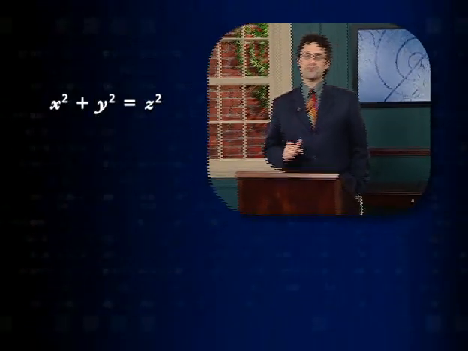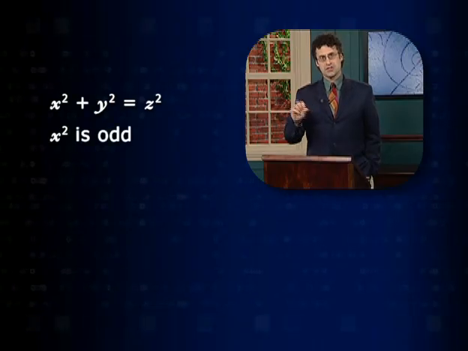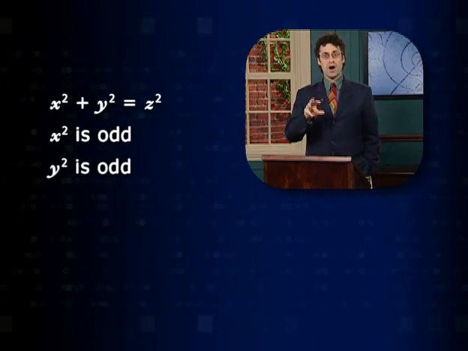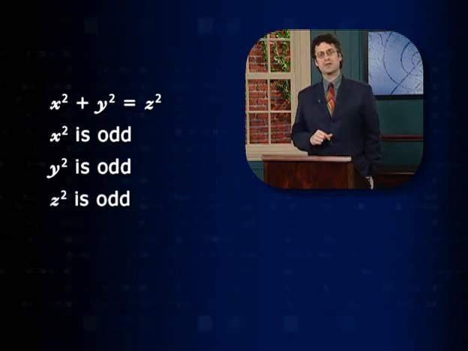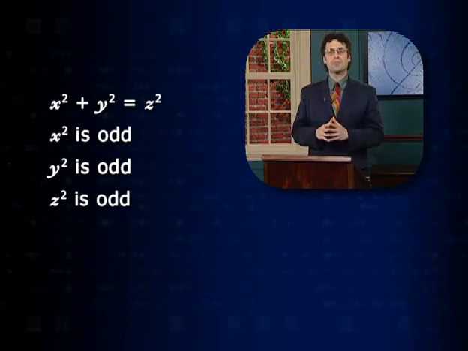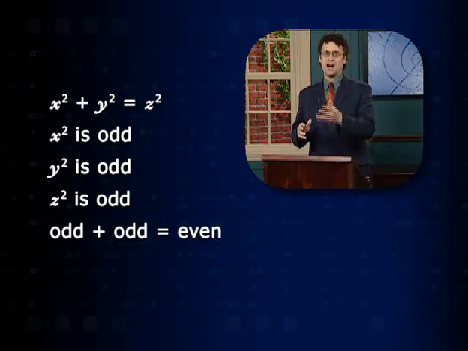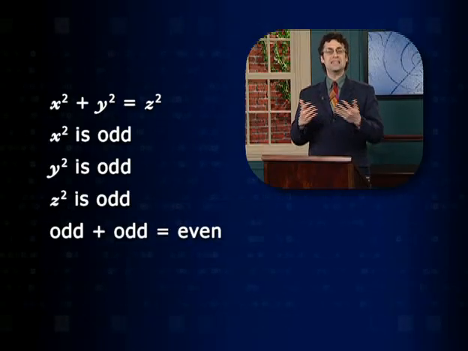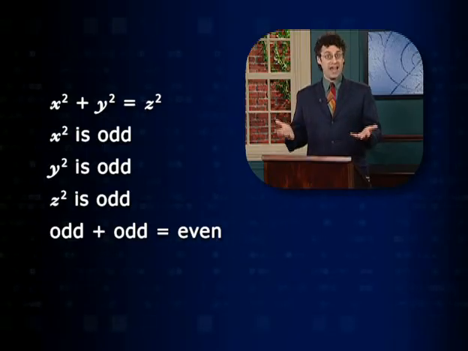Well, if they were all odd numbers, that would mean that x squared is an odd number, y squared is an odd number, and z squared is another odd number. So we have an odd number x squared plus an odd number y squared. And we saw very early in the course that an odd number plus an odd number yields an even number, such as 7 plus 3 equals 10.